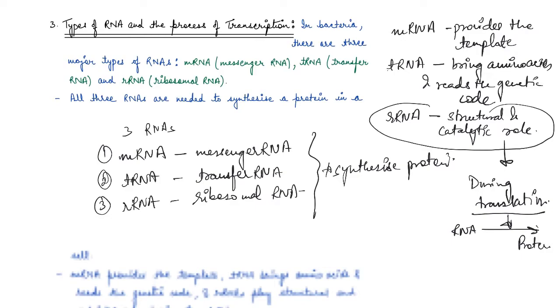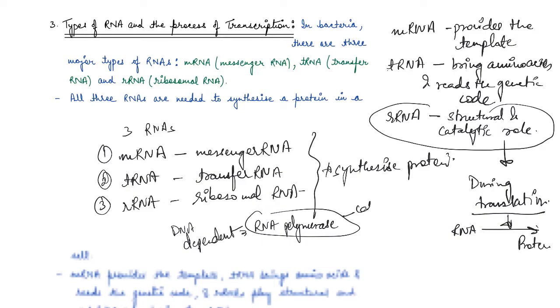Now there is the enzyme DNA dependent RNA polymerase, which catalyzes transcription. The way we had DNA polymerase, we have RNA polymerase. This is DNA dependent RNA polymerase, right?